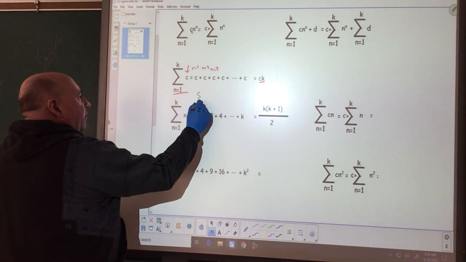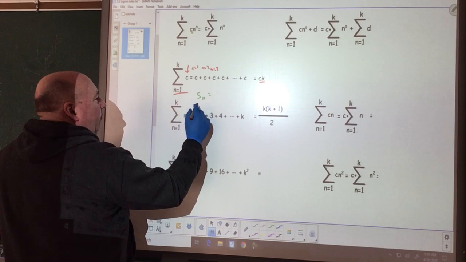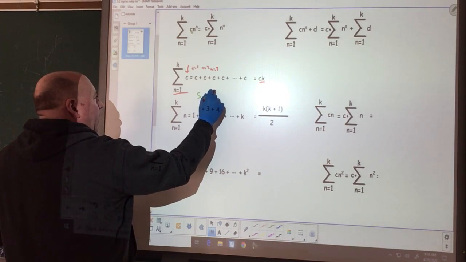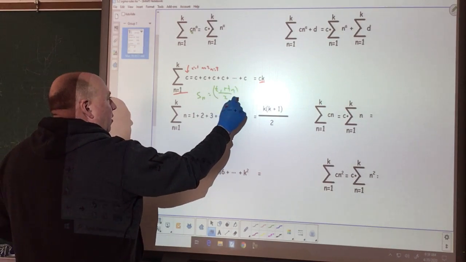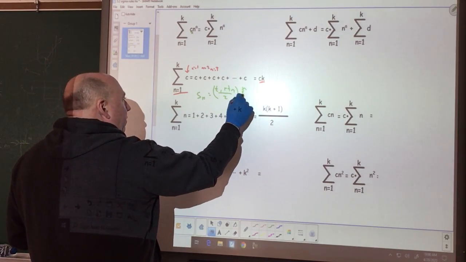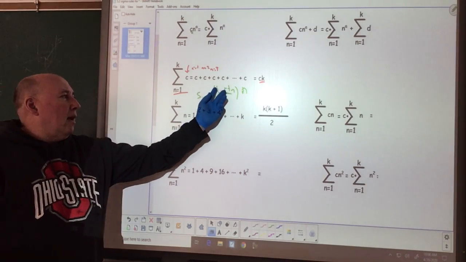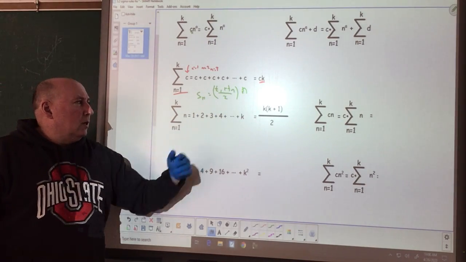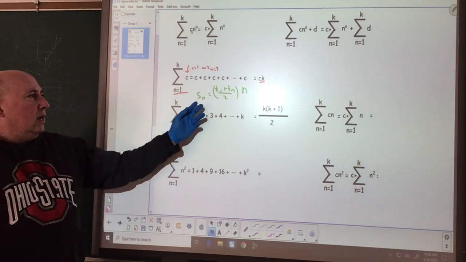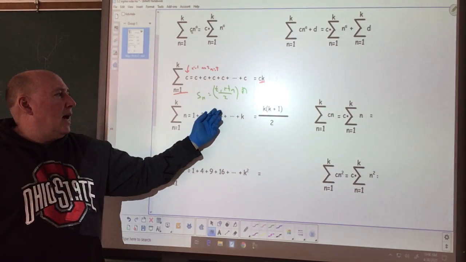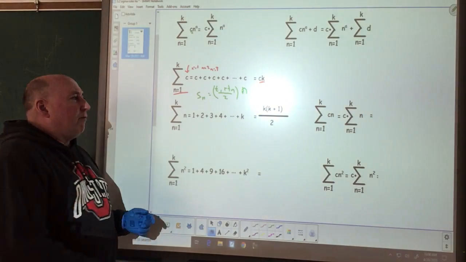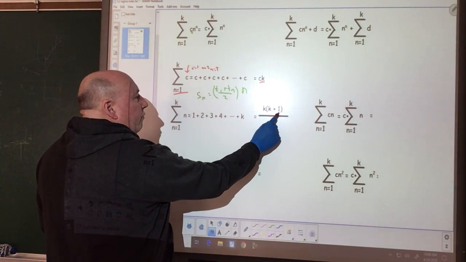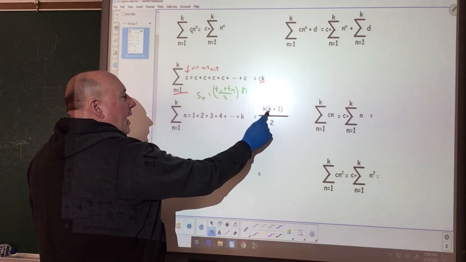the sum of an arithmetic series: take the average of my first and last term and multiply it by my total number of terms. If I simplify this down, I would get the k plus 1, because this here is my first term, and this here is my last term.